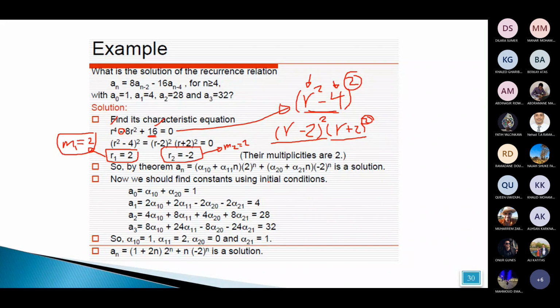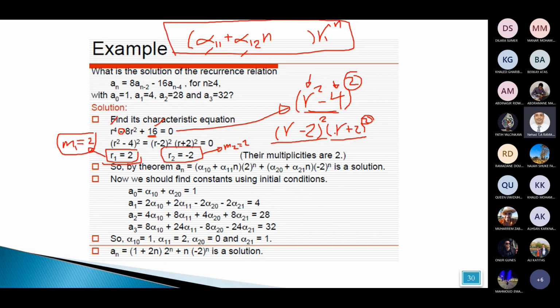Okay, easy. Consider each one separately. What's the solution for the first one? It's r1 power n multiplied by the constants: alpha 1,1 plus alpha 1,2 multiplied by n. How many terms? We have multiplicity 2, so 1, 2 is enough. This is the first part of the solution.